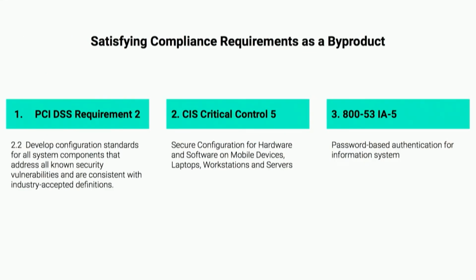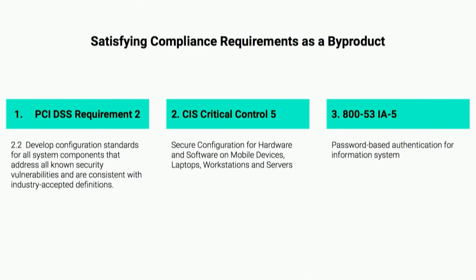Right? So one of the advantages of doing this is just because you did this, as a byproduct, you also satisfy a lot of compliance regulations. Like if you have ever read PCI DSS requirement 2, it talks about having secure configuration, right?